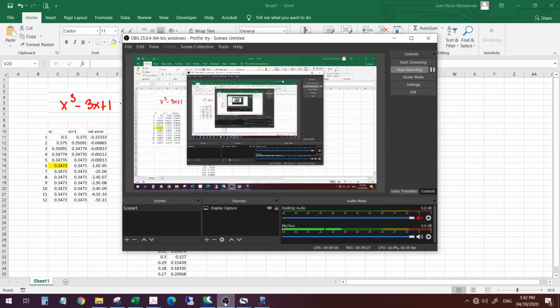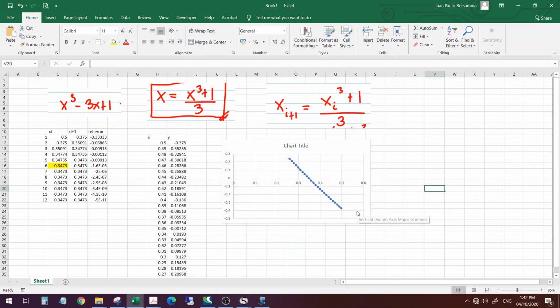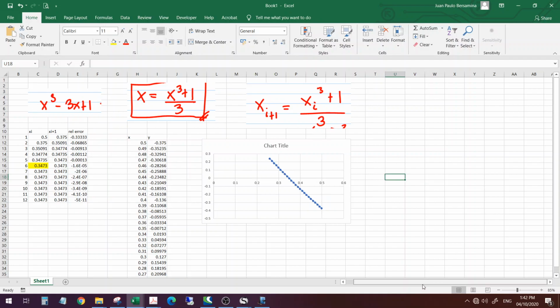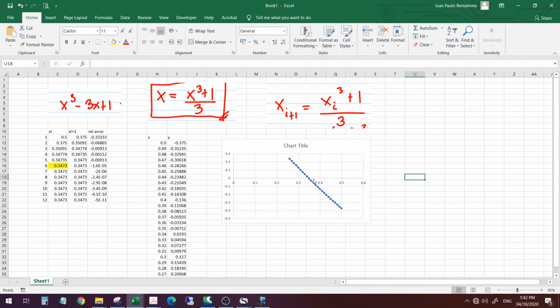Take note, we were only able to get a single root of this equation, 0.347. What if we wanted to get the picture of this equation not only in this vicinity of x from 0.3 to 0.4?